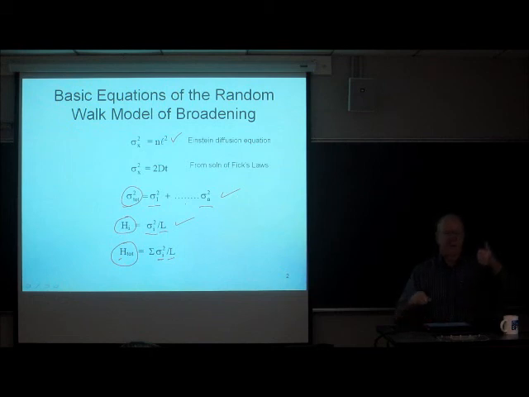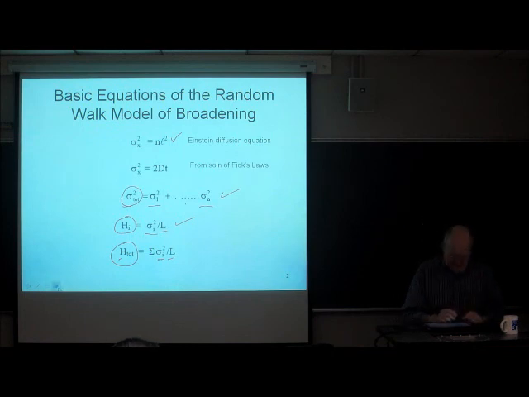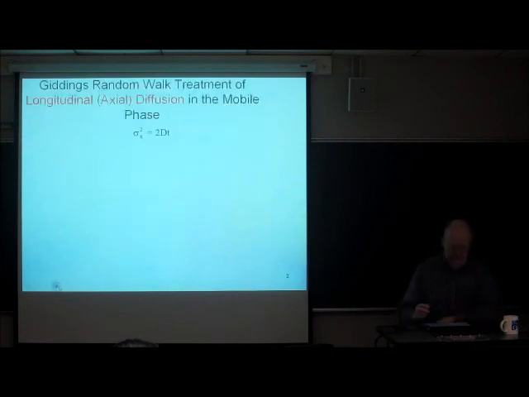So if we have a variance due to the A term, the variance due to the B term, the variance due to the C term, we can convert those to individual HETP contributions, add them all up, unweighted. That's the total HETP. So we're going to use these equations and develop them in the context of the random walk model. Okay, so let's start talking about longitudinal diffusion.